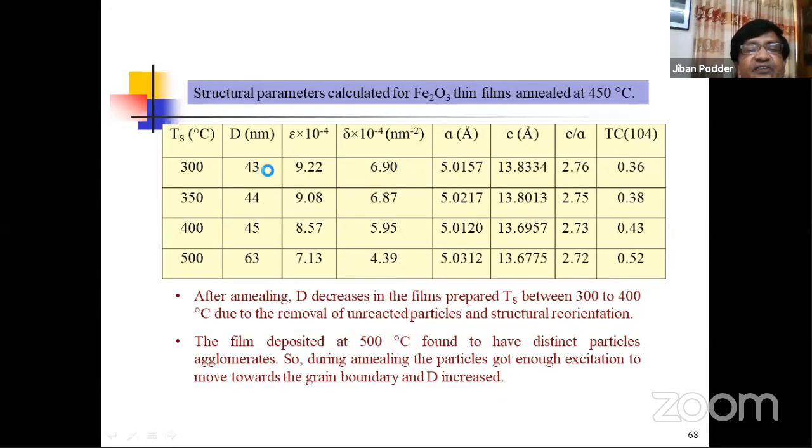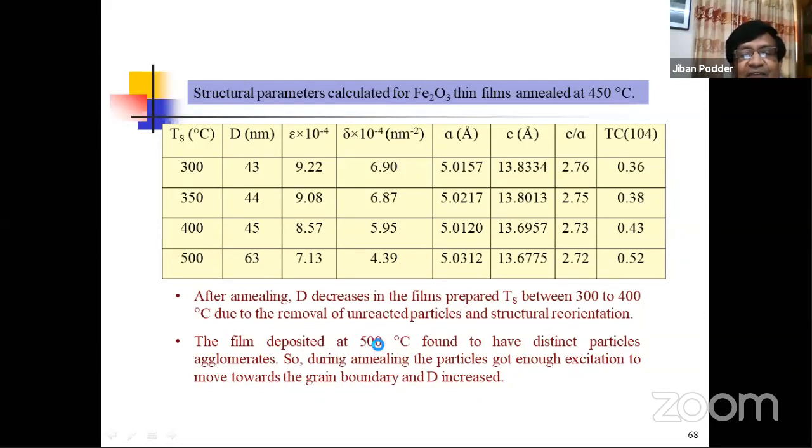These are the sizes, again 43, 44, and here you see 45 annealed. After annealing, the grain size decreases in the film, between 300 and 400, due to the removal of unreacted particles and structures.